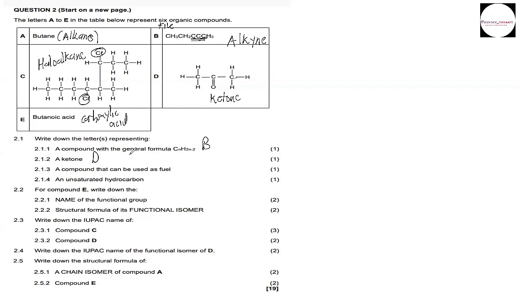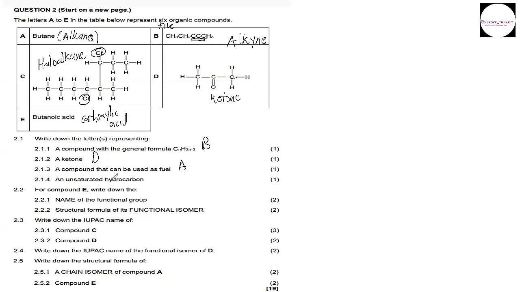We should indicate letter D. So when you have analyzed, it becomes very easy to answer. 2.1.3, a compound that can be used as fuel. We know that obviously it has to be the alkane, because these are the ones that have a higher vapor pressure. Then that's A.